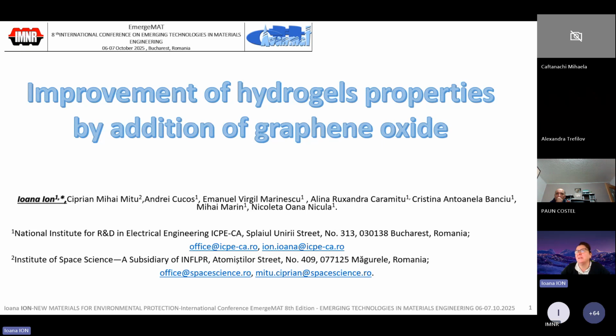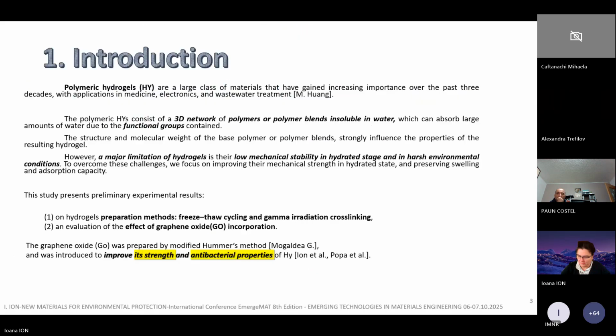My name is Ioana. The title of my presentation is Improvement of Hydrogel Properties by Addition of Graphene Oxide. Okay. Abstract, and we begin with the introduction. Polymeric hydrogels are a large class of materials which have been a hotspot of research in the last decades because they have a complex structure.